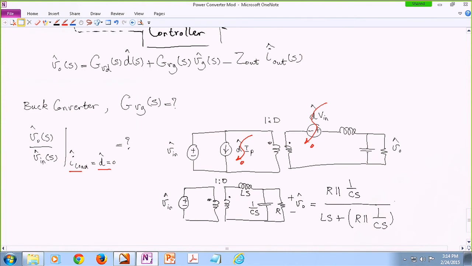The whole thing is times D times Vin perturbed. All right, so this is coming back from circuits 1.